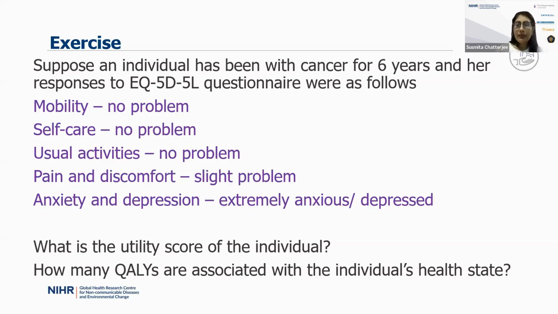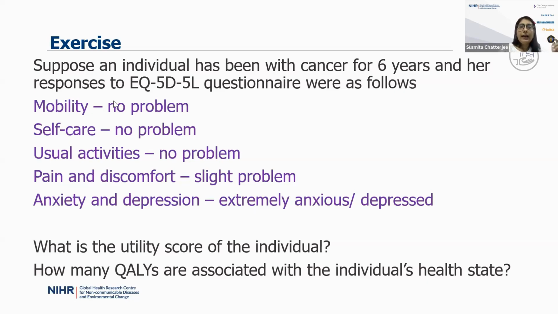For each individual, you get some response. I'm giving you the example of one individual who actually responded this way. Mobility, no problem. Self-care, no problem. Usual activities, no problem. Pain, discomfort, slight problem. Anxiety, depression, extreme. I asked, what is the utility score?